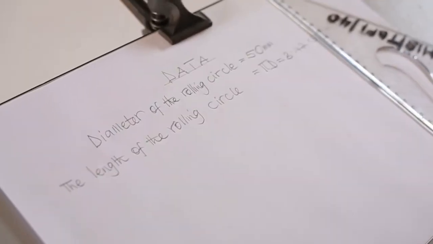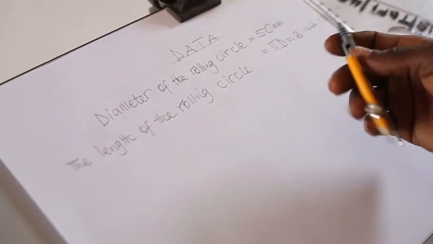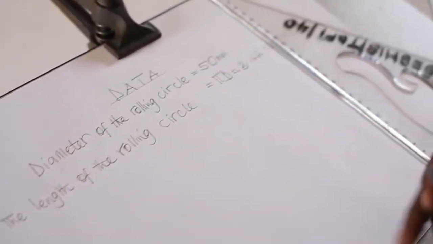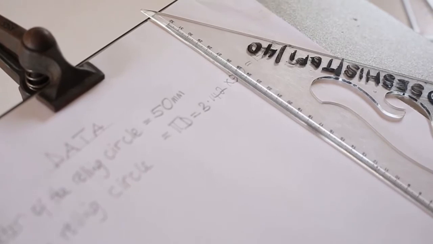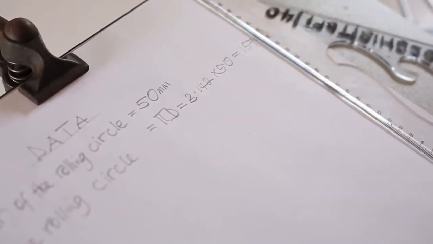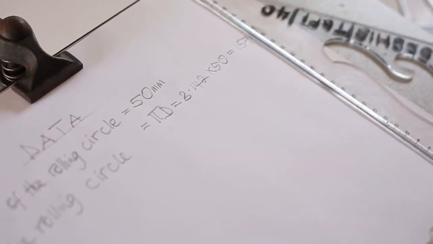Alright, this is the data required to construct a cycloid. Basically, you need the diameter of the rolling circle, which is given as 50 millimeters. You need the length of the rolling circle, which is given by pi d, where d represents the diameter of the rolling circle.